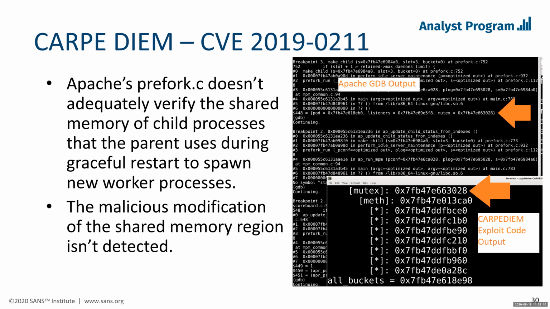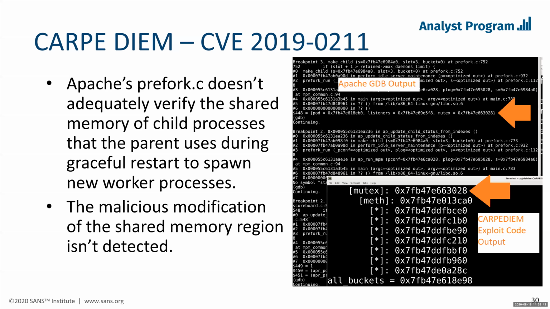And so this is a little bit of an example of the circumstance where this exploit was ultimately successful. The mutex reported from the CARPE DIEM PHP exploit page output matches the mutex from the GDB output, where I'm actually watching the Apache server as it's doing the graceful restart in order to enumerate the memory components. And there were multiple different child workers which would be handled.